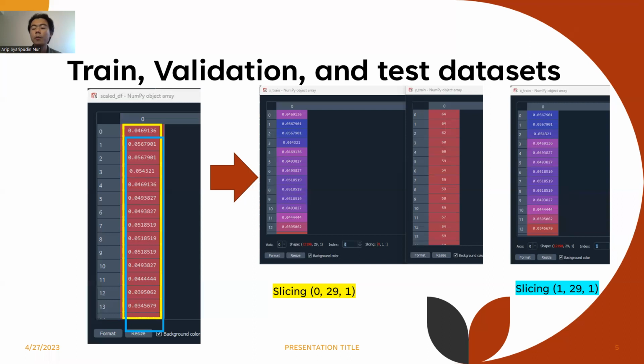This is one for the next day, and 29 is the period of the next 30 days, and one for the train. So we keep shifting that to make train, validation and test datasets for LSTM models. You can choose whether you want 30 or 50 to find the best look back or sequence.